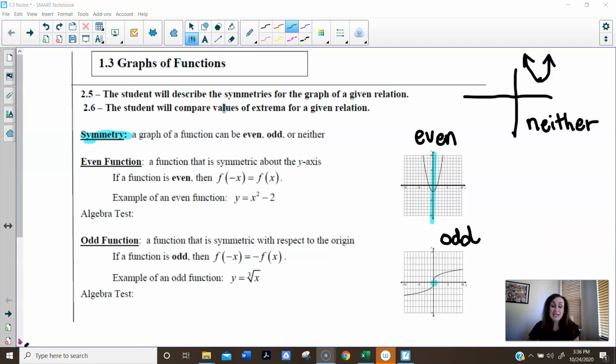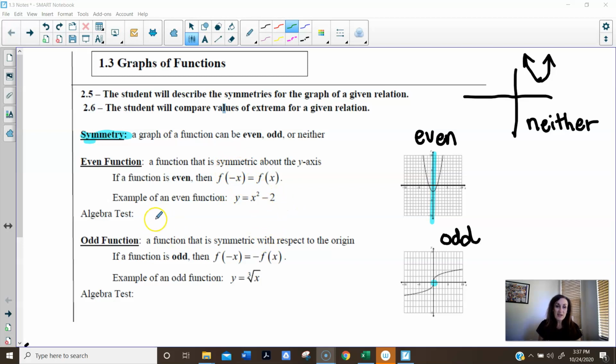Now, another way to tell if a function is odd, even, or neither is to do the algebra test. In order to do the algebra test, you're going to take x and replace it with the opposite of x.